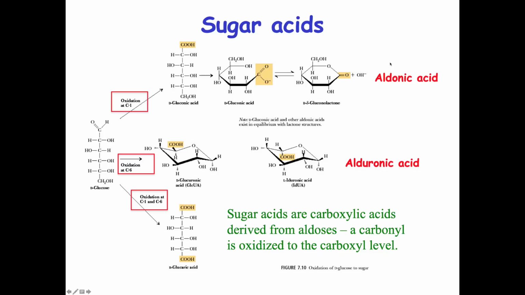So aldonic acids are indicated by an "onic" addition. Alduronic acids are denoted by "uronic", and oxidation at the C1 and C6 position is indicated by the name of glucaric acid.